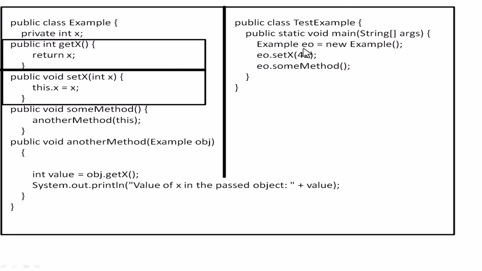Example evo, so Example is the name of the program. Already we have declared a private integer x. Here evo is an object, so you have created an instance. Now evo.setX(42). Whenever you set x to 42, you are passing one parameter.